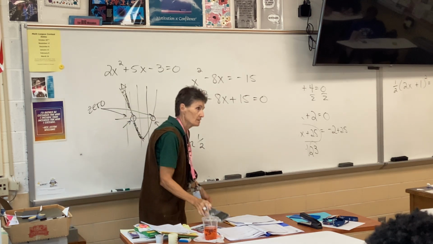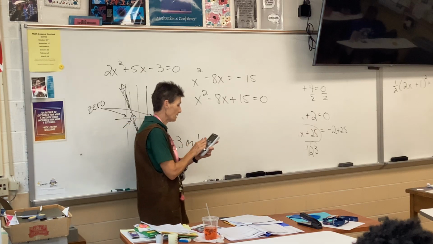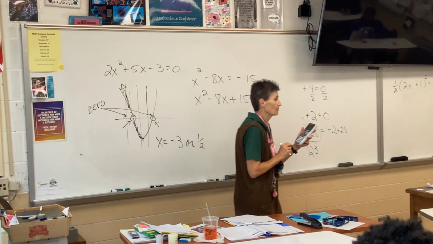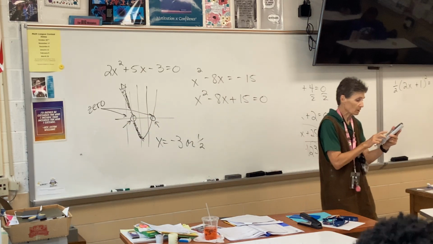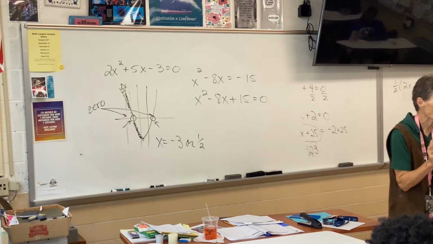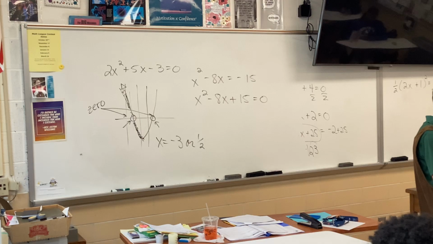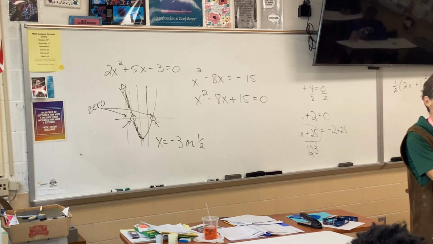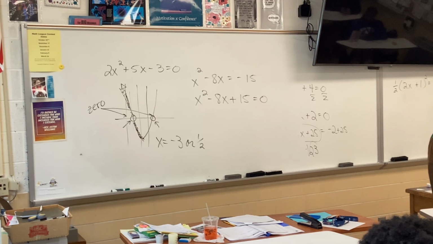Okay, so let's go back. Get y equals. Now clear this out. We don't want that other equation anymore. We're gonna press X, and where do we get X? From our variable button, right? So we press X, and then we square it.